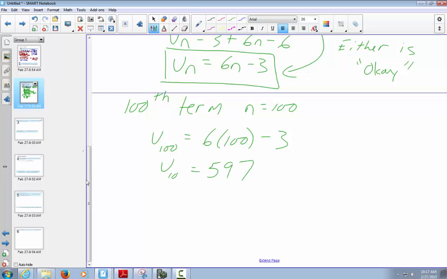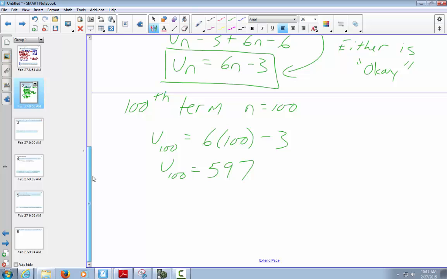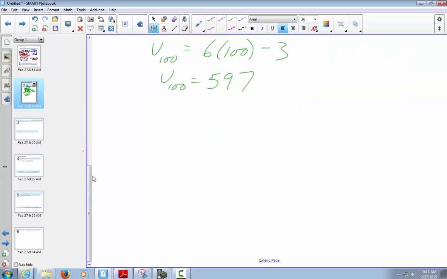U 100. That's it. That's all you have to do. Now, 489 and 1592 equals un. We have to sub these in and see if they're part of the sequence.